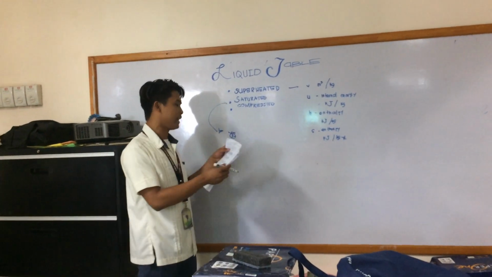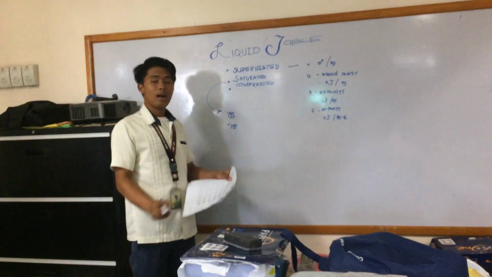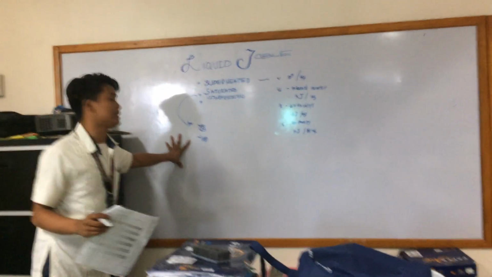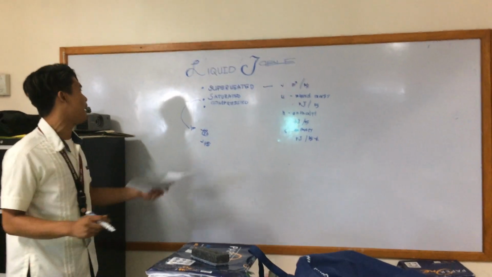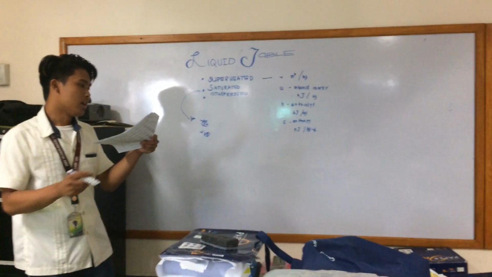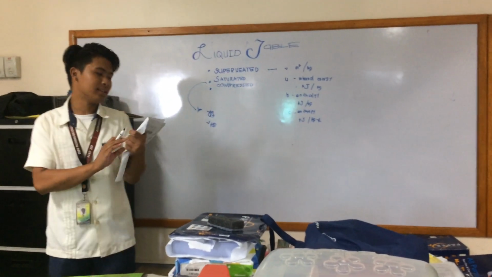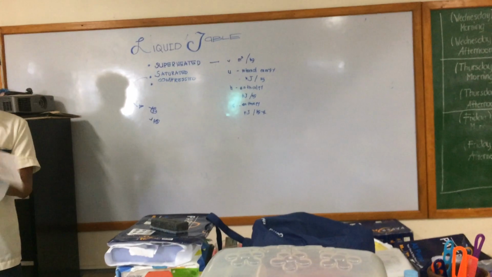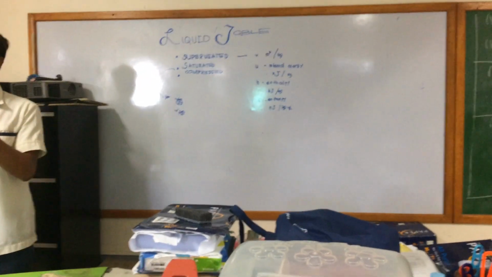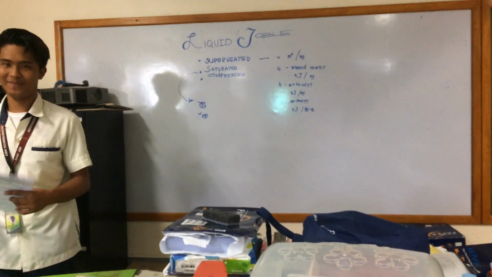I have already discussed what the saturated consists of, its vital parts. Let's go to the compressed, a substance that is about to vaporize, which will be discussed by Charles.